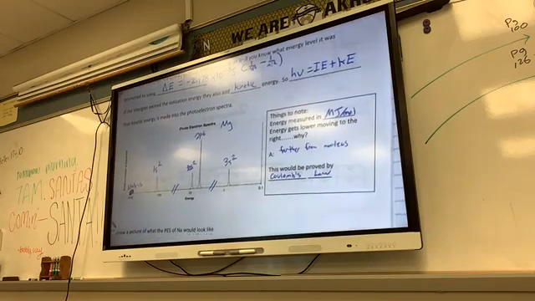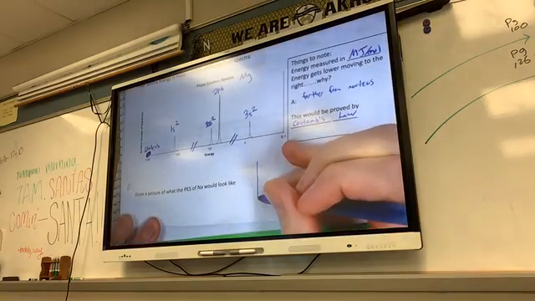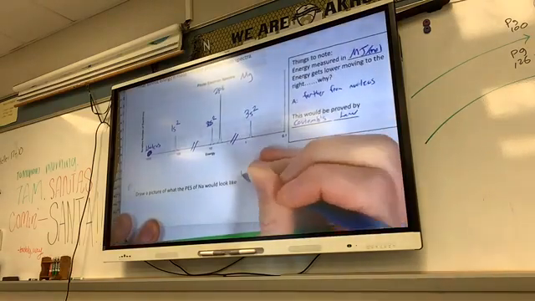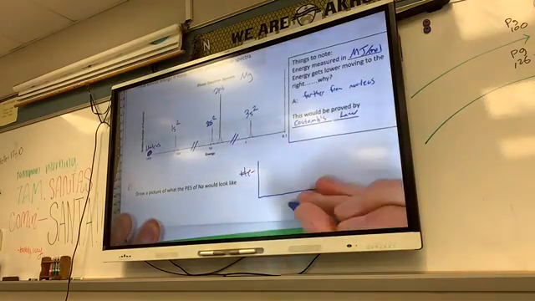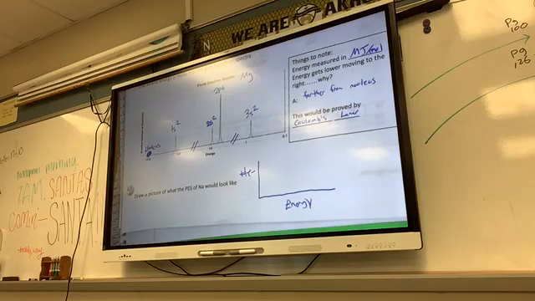So, real quick, we'll end here for the day. What would the photoelectron spectroscopy of sodium look like? So let's put our number of electrons here and energy here. Just draw me some triangles.